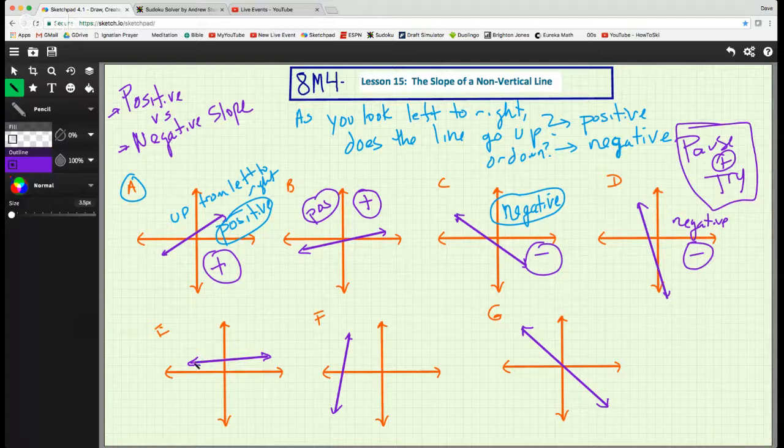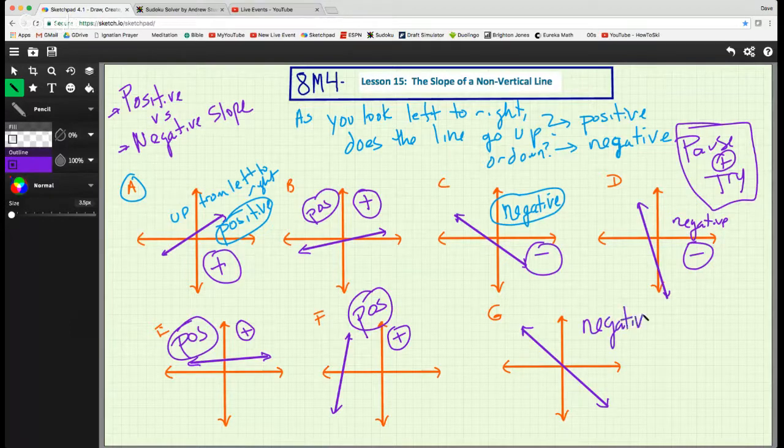E, even though it's really shallow or really slight, does go up from left to right, so this is a positive slope. As is F. F is also positive, a very steep slope, but it is positive. And then G is negative. Okay, hopefully you got these right.